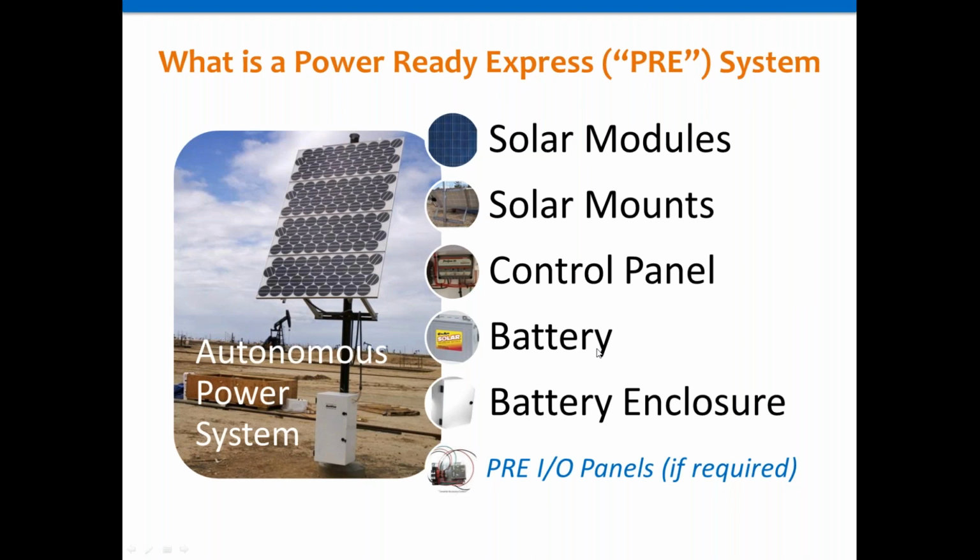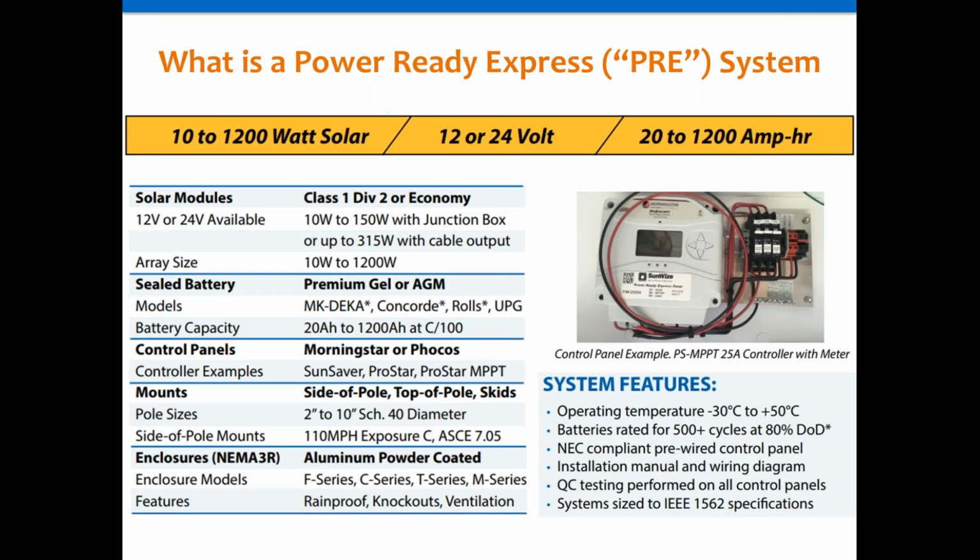You have the batteries for the energy storage and the battery enclosure, which contains all the power electronics and the battery. And then finally, we have our Power Ready Express input-output panels, and this is if additional power conversion equipment or features are required, then you can add any Power Ready Express I/O panel to any Power Ready Express system, assuming that there is fitment on the enclosures, and we'll talk about what those rules are in a little bit.